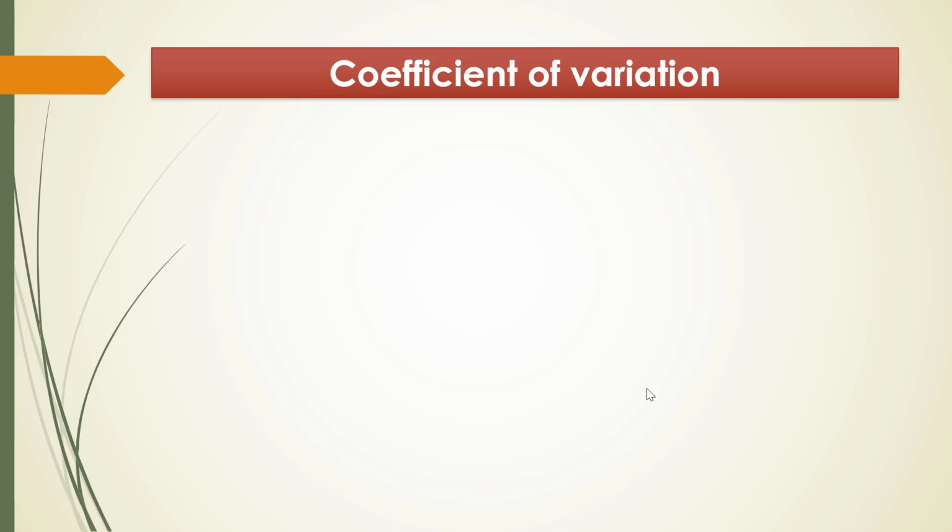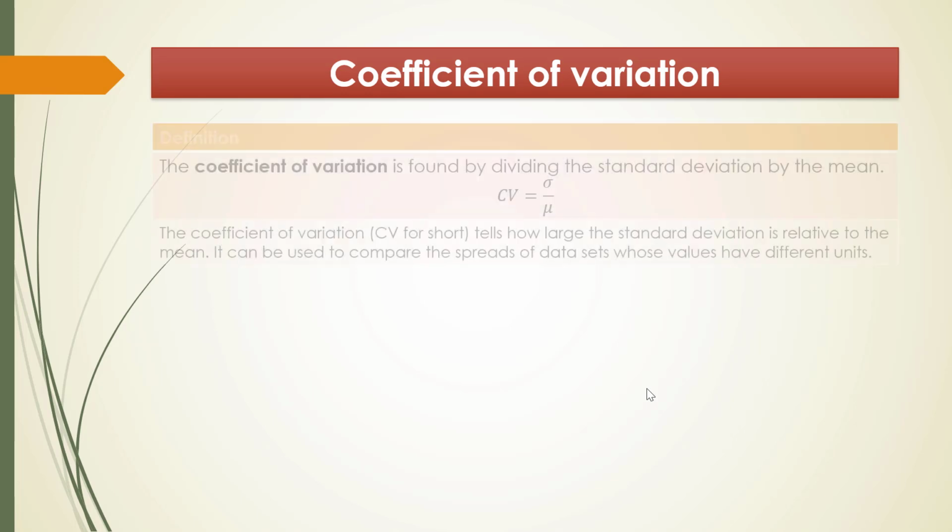Coefficient of variation. Sometimes we compare two variables using different units of measurement, and we want to see which variable has a wider spread, so we need to use the coefficient of variation.